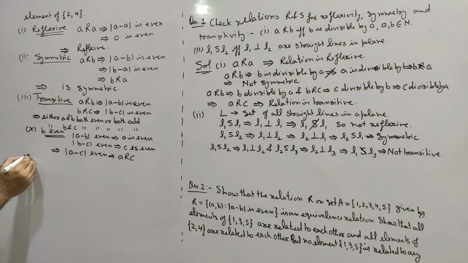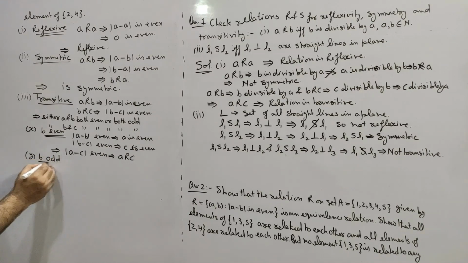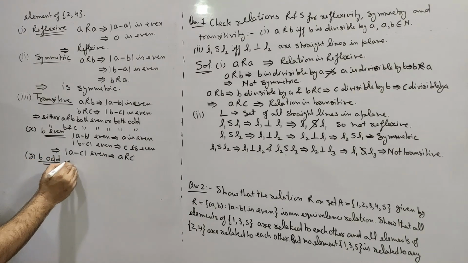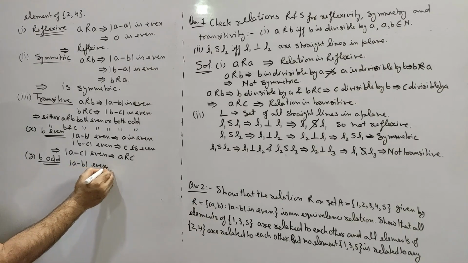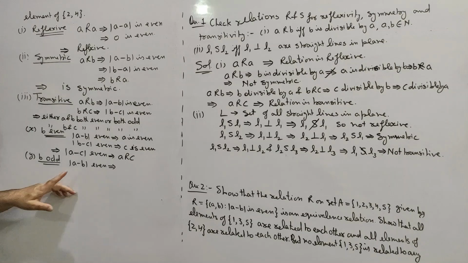Now the second possibility, when B is odd. If B is odd, then A minus B even implies A should also be odd, to get the difference even.